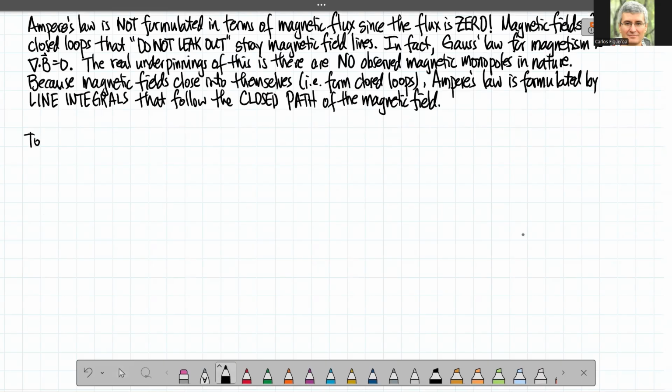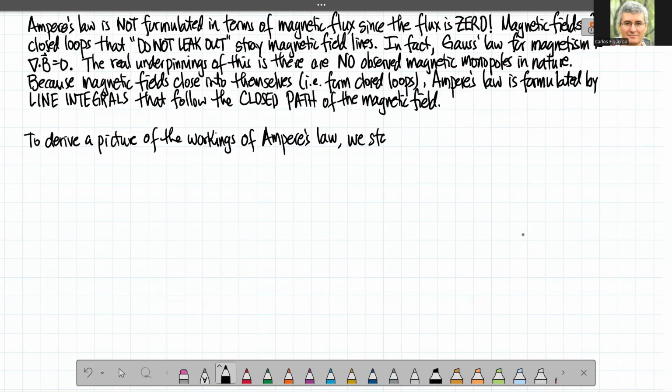To derive a picture of the workings of Ampere's law, we start with a straight current carrying wire.